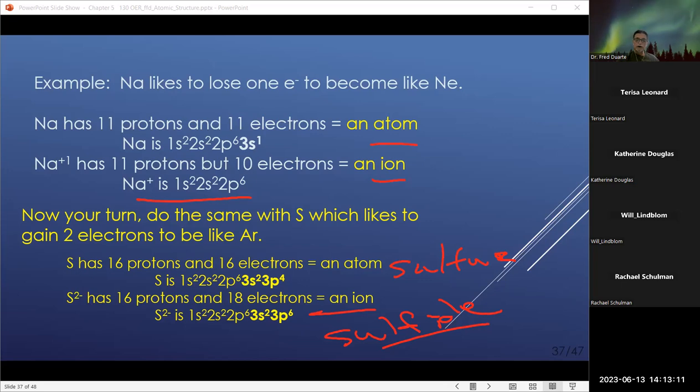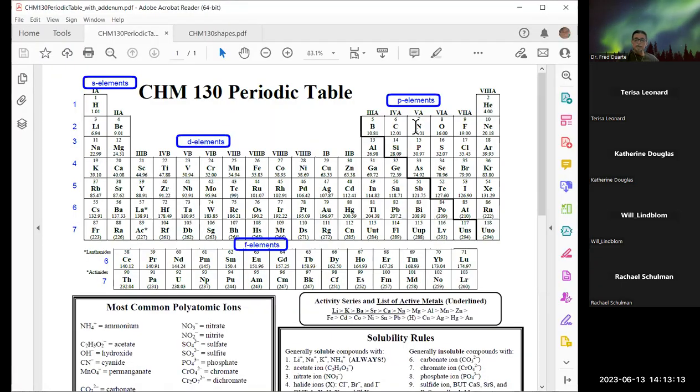Let's go back to productivity. So if we're starting with nitrogen, oxygen, and fluorine, nitrogen becomes nitride, oxygen becomes oxide, fluorine becomes fluoride, okay? Phosphorus becomes phosphide.